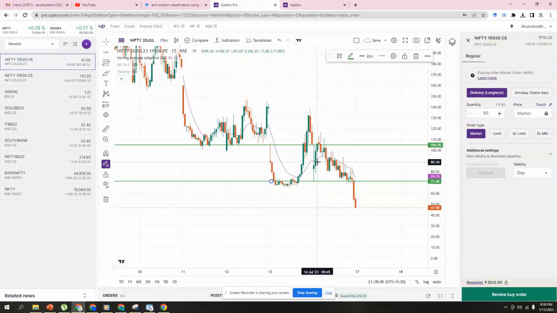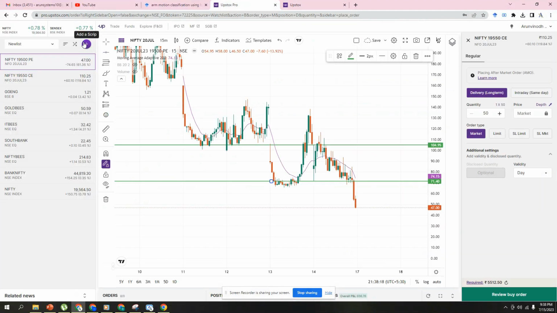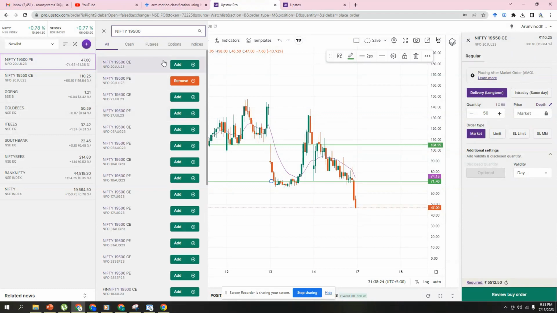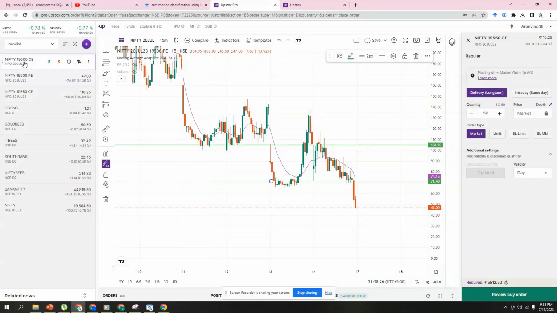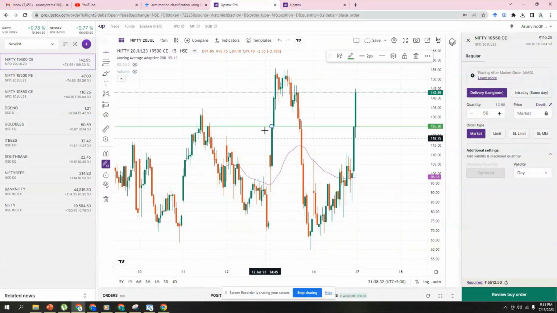Okay. So now the next is, if you are going for this particular point, let's say 19,519, then I have to go for the strike price 19,500. Nifty 19,500. Now let us check here.